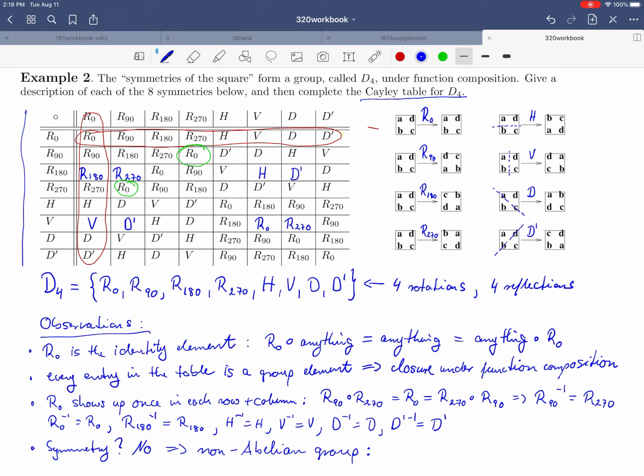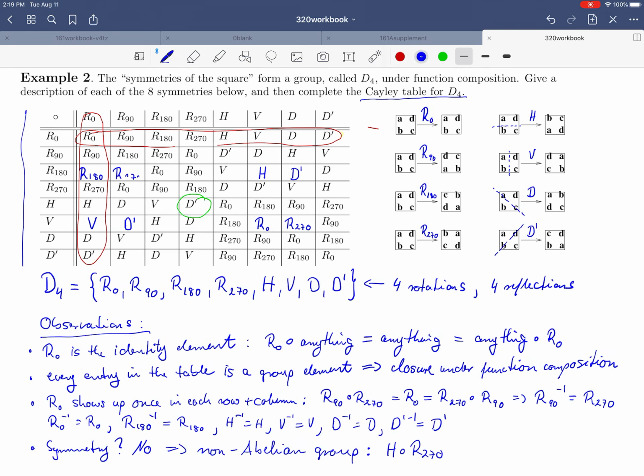What if we are looking at H composed with R270? And that's not the only example, it's just one that we could look at. So let me reuse green for that. I'm running out of colors. So our H composed with R270 is sitting right here.